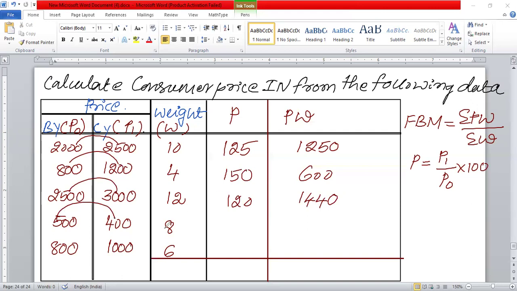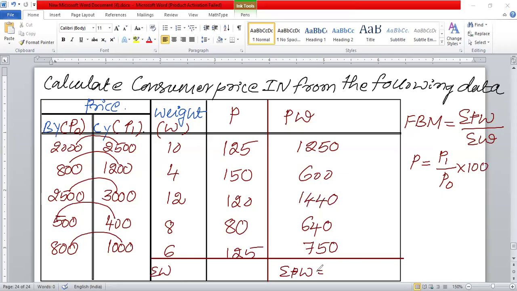So 80. 80 into 8, 640. So then 1000 divided by 800 into 100, 125. 125 into 6 is 750. The summation W, summation of PW.